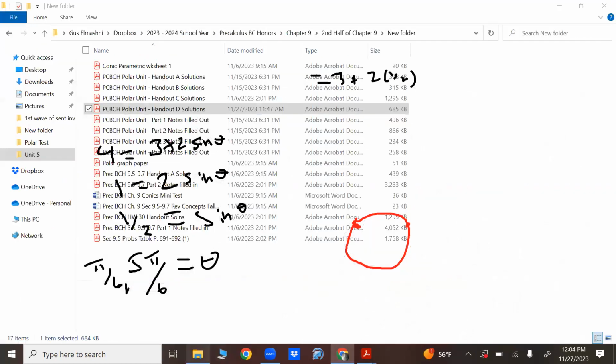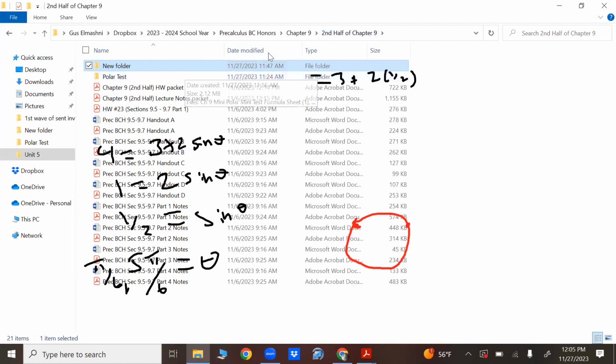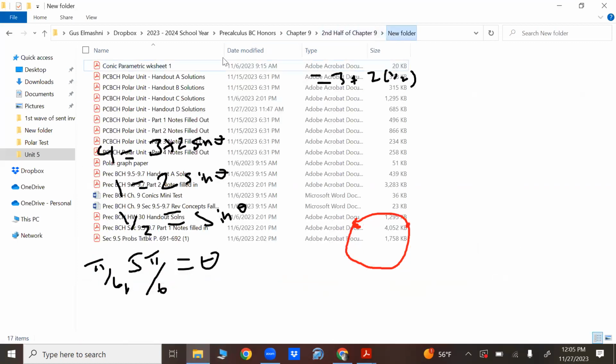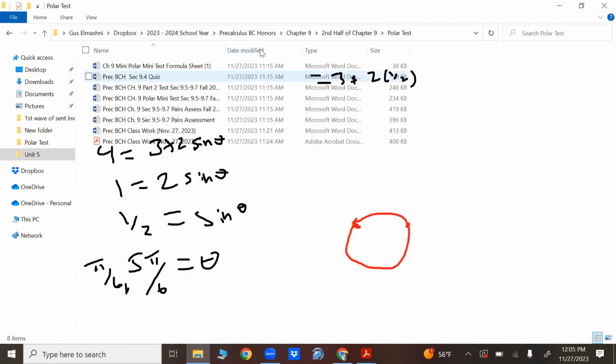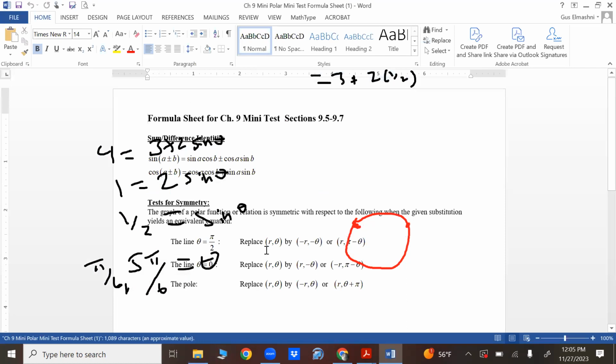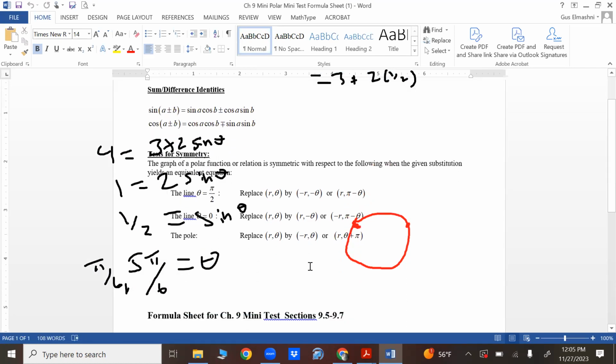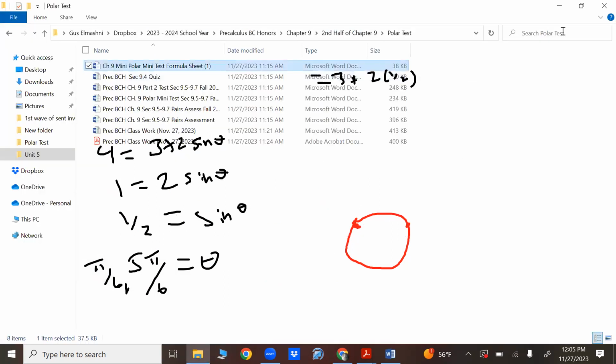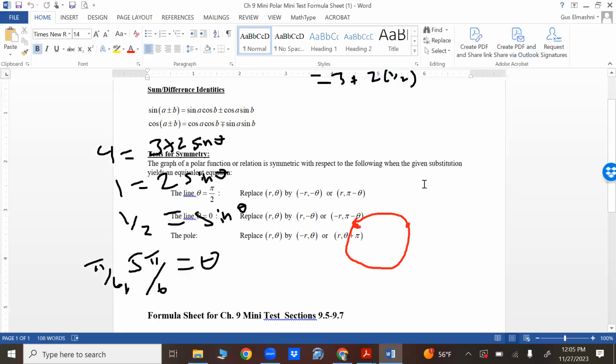Let me pull up the stuff on that really fast. Hold on a sec, guys. Or replace theta with pi minus theta. That could work too. And you should have that symmetry about that.